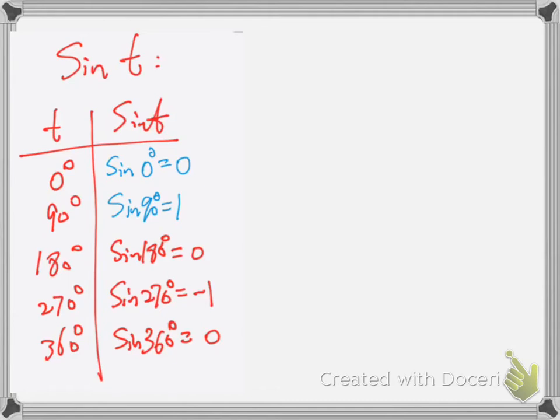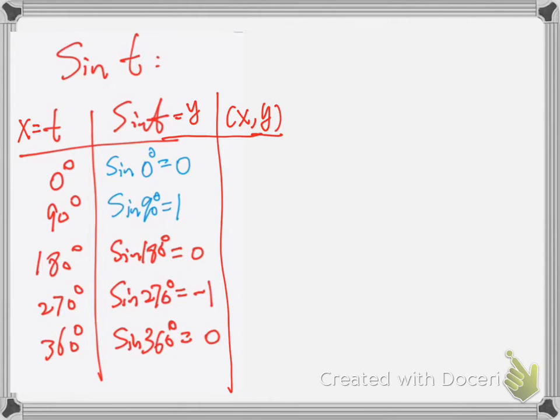Now let's write down these 5 points, x, comma, y for this function: the input and the output. This will be 0, 0.